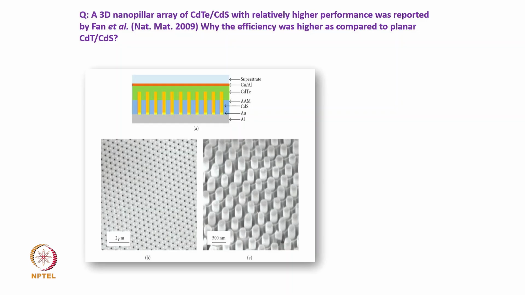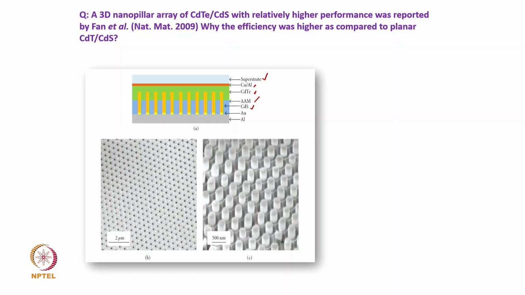If you look at the architecture now, it is the same as the superstrate which we discussed in the case of planar, and then a copper aluminum contact, but here it is in the opposite state. So, this is CdTe, and then they have grown it on an anodic alumina template, AAM, and now you can see the CdS, which is grown as a nanopillar.